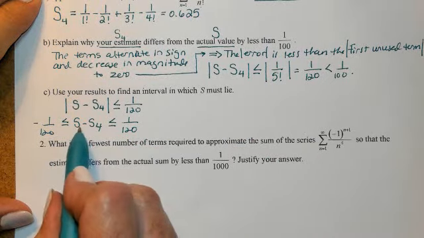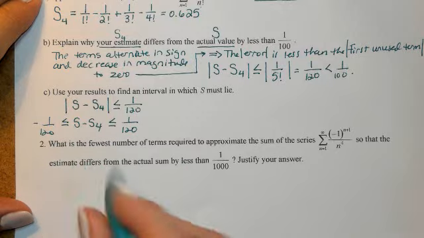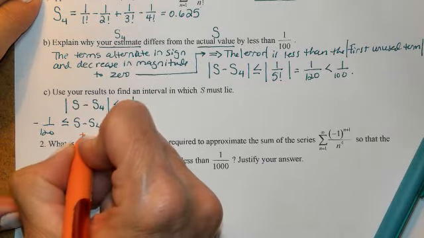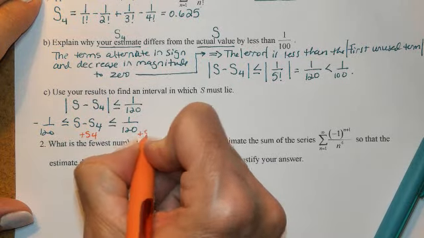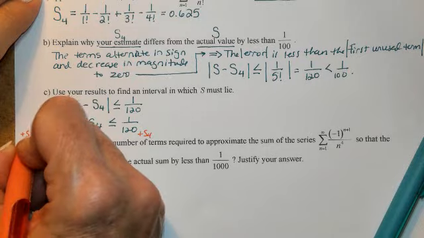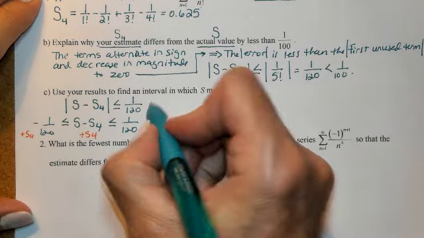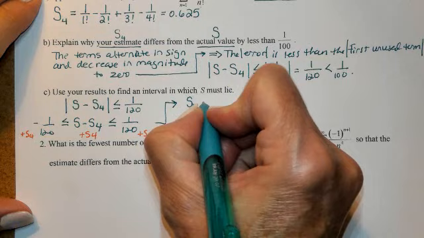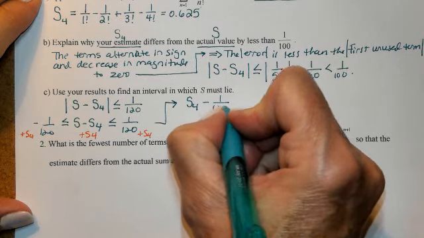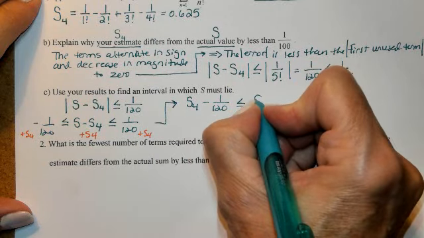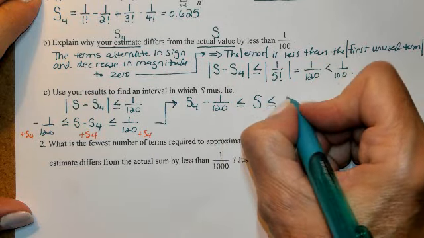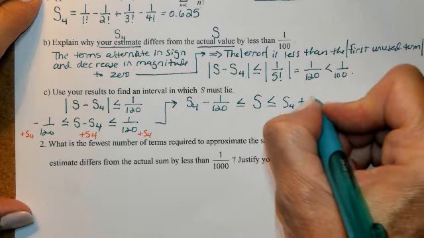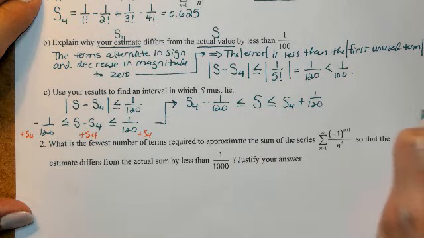And now to get S by itself in the interval, I'm just going to add S sub 4 to all 3 parts. So I'm going to get S sub 4 minus 1 over 120 and S sub 4 plus 1 over 120. Okay?